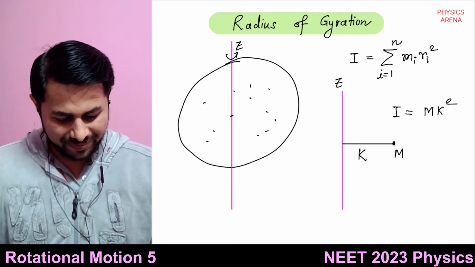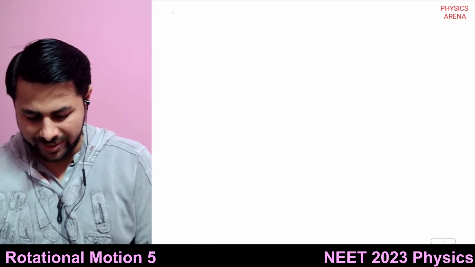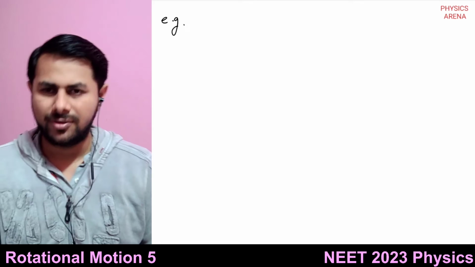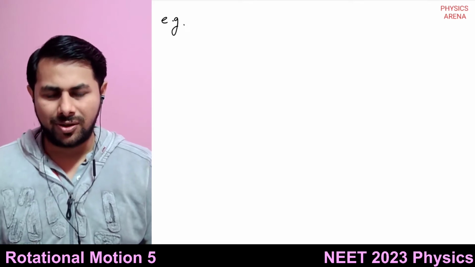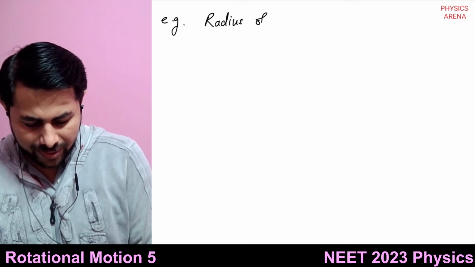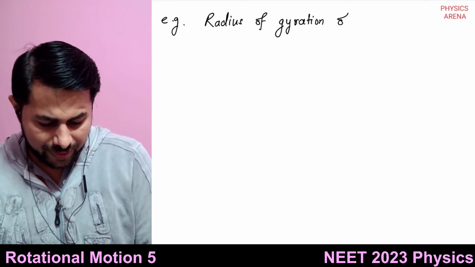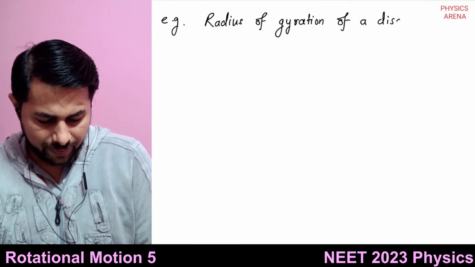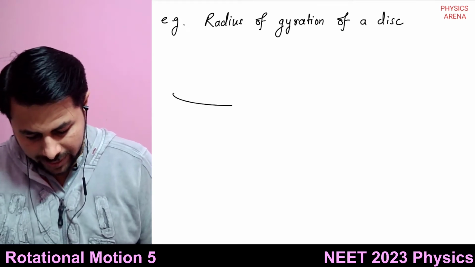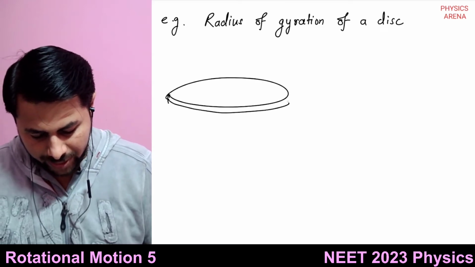So then we can find out radius of gyration for some bodies. For an example, let's find out radius of gyration of a disk about an axis which passes through its center of mass and is perpendicular to its plane.